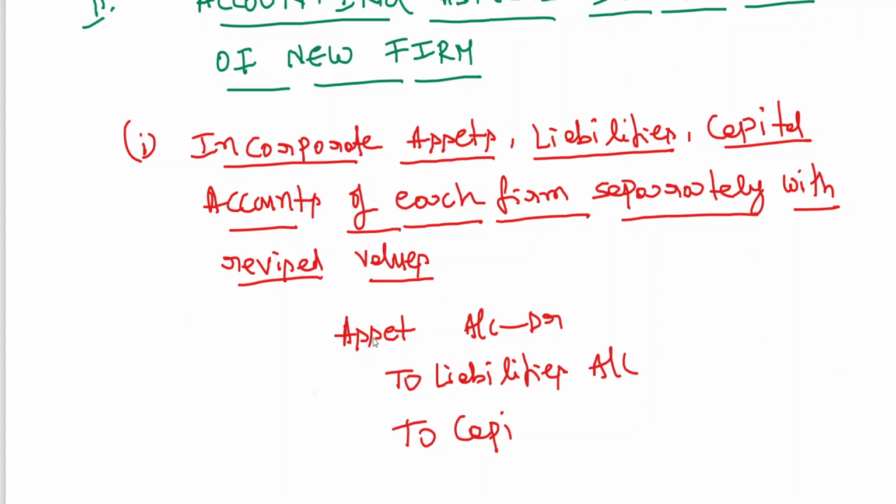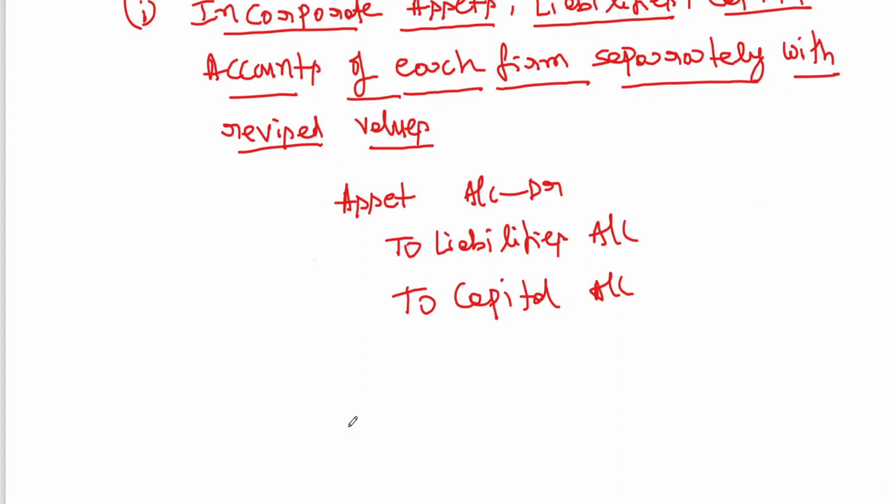And assets, how did they get them? With the help of liabilities and capital. That is the logic: this is the source, and this is the application. You will write this in the books of ABCD in the example. ABCD is the new name of the new firm, where the partners of AB and the partners of CD have become partners of ABCD, the new firm.